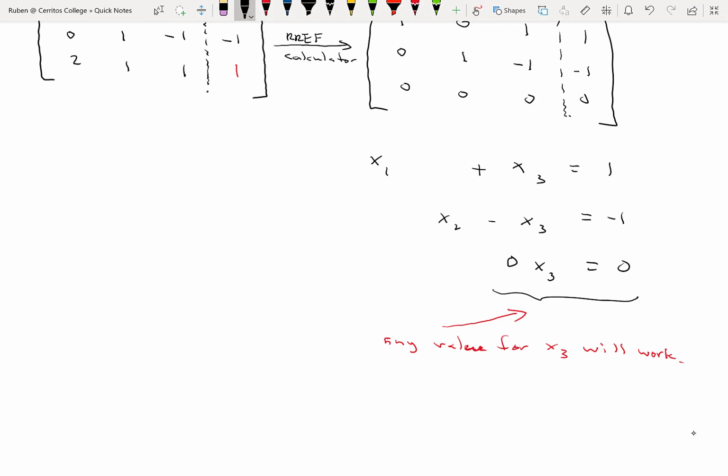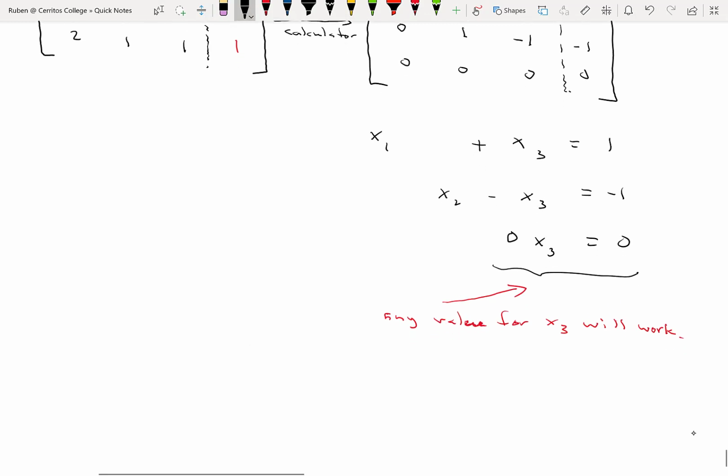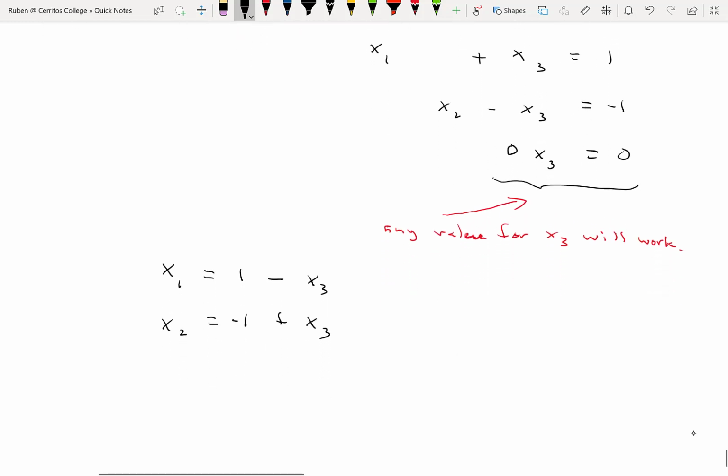Okay, so how do we write the solutions? Well, we have the system that the Gauss-Jordan elimination reduced to. Solve for the variables. x1 then is 1 minus x3. x2 is equal to negative 1 plus x3.